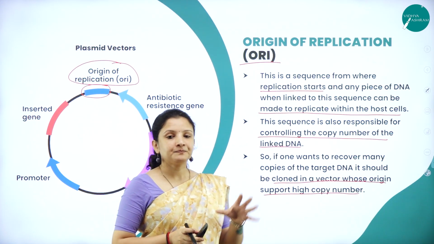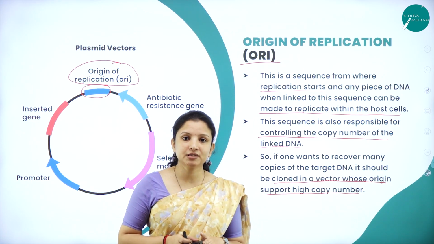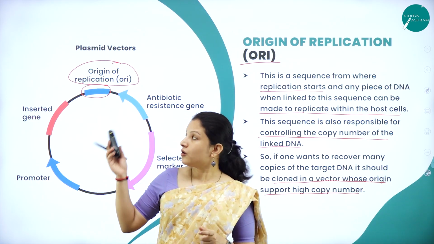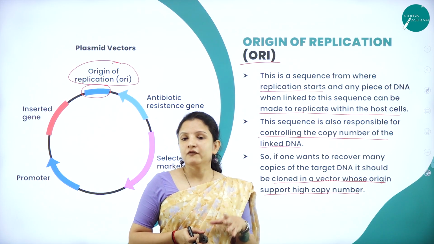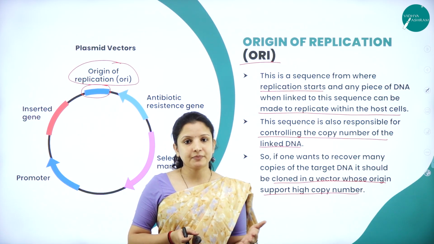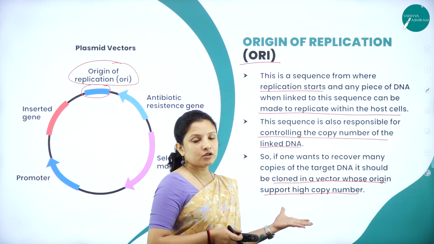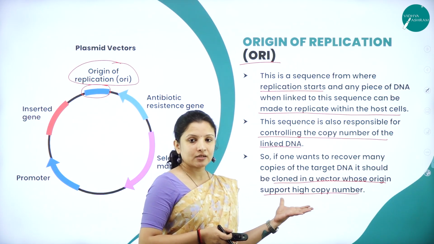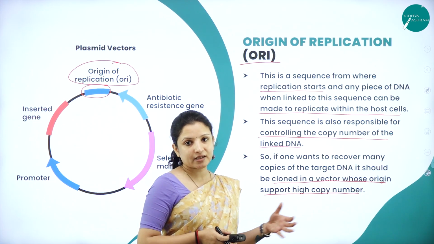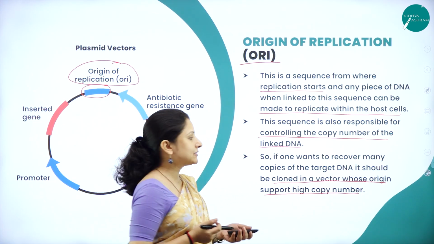So that is why different types of plasmids are used based on the ORI region. For every experiment, the same plasmid will not be used. Different types of plasmid vectors are used, because based on how many copies we need, the plasmid vector has to be designed or selected.